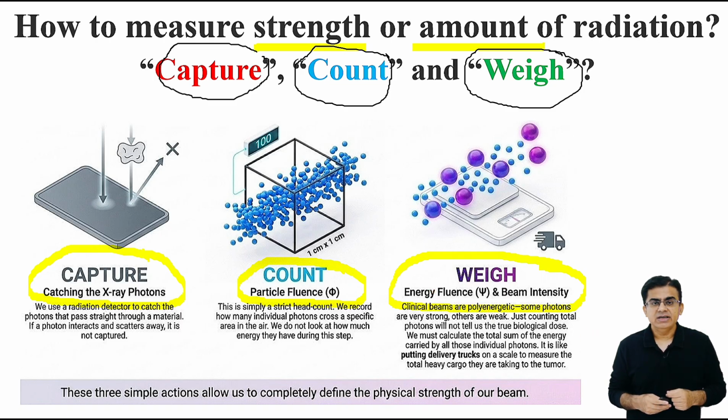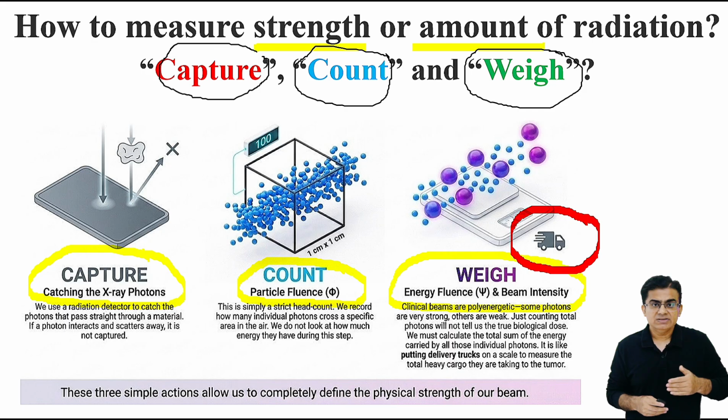Let us use a simple clinical analogy. This will make it very easy to understand these three words with regard to the X-ray photon beam. Think of the radiation beam as a line of cars on a highway.